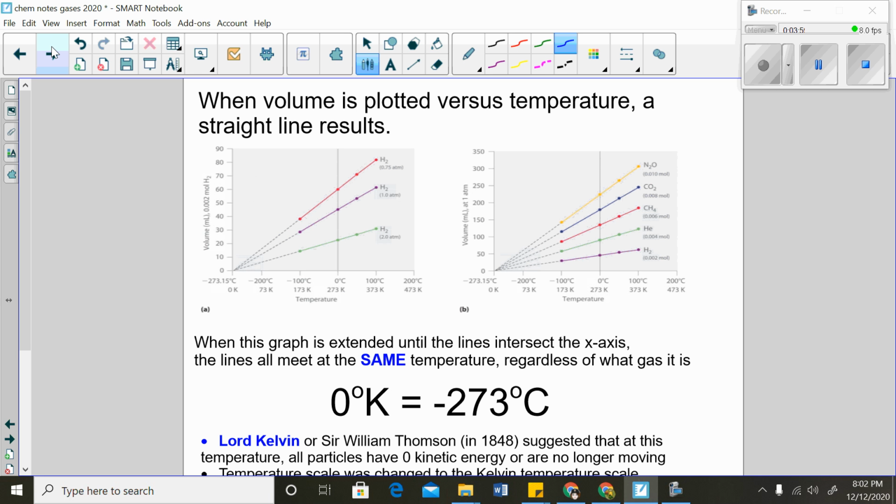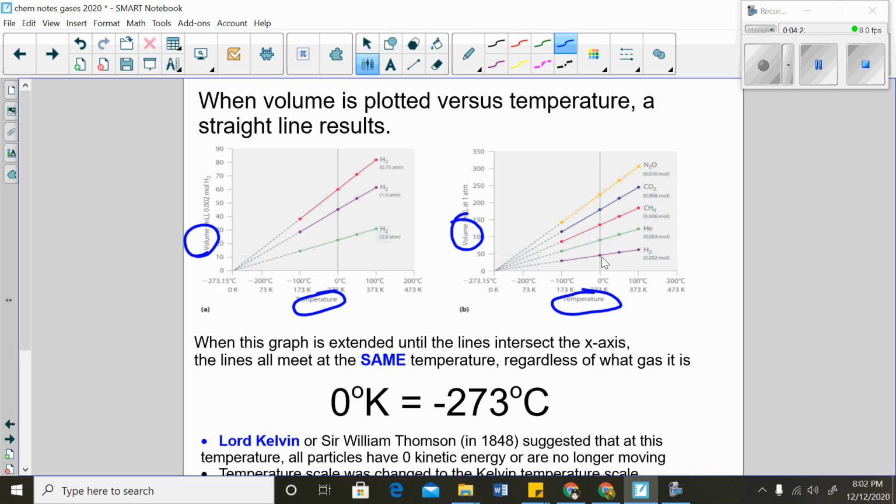Well, when volume is plotted versus temperature, here's volume, here's temperature for both graphs, a straight line results. This one is just hydrogen, but these are different gases. Here's hydrogen compared to other gases.